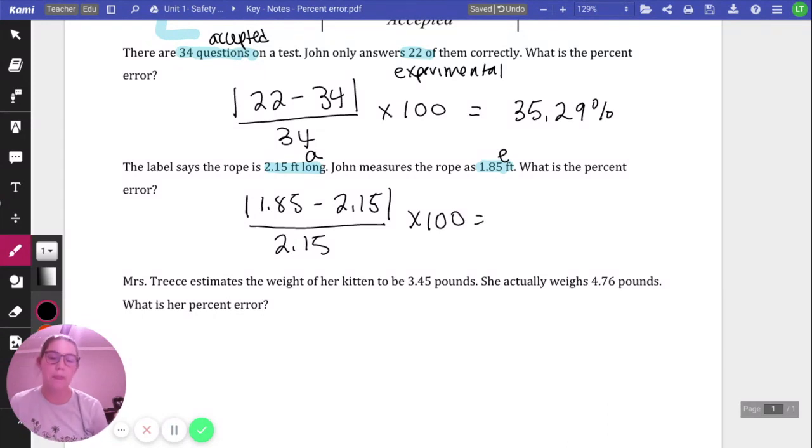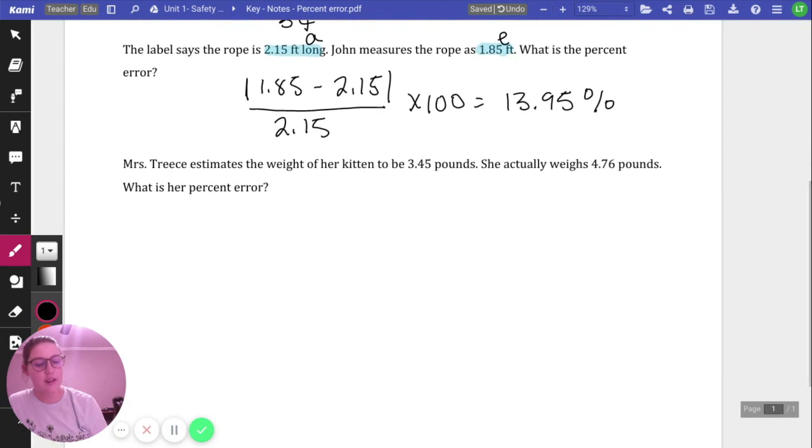It's the absolute value, so even if you get a negative number, flip it and make it positive, because it's just distance from 0. So plug it into your calculator, and once again, we're going to round to 2 decimal places. And I got 13.95%.